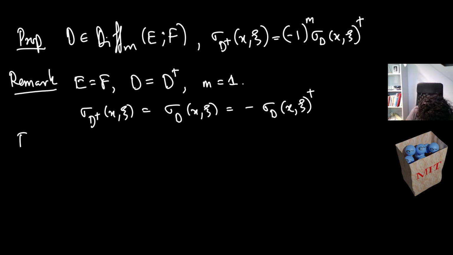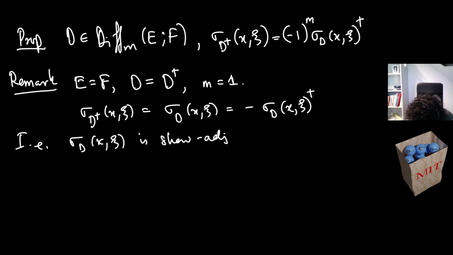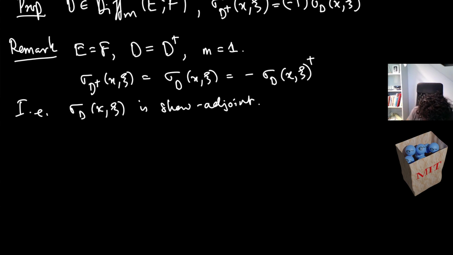So I should say, i.e., the symbol is skew adjoint from the point of view of matrices. So the point here is that this is for consistency with the reals.